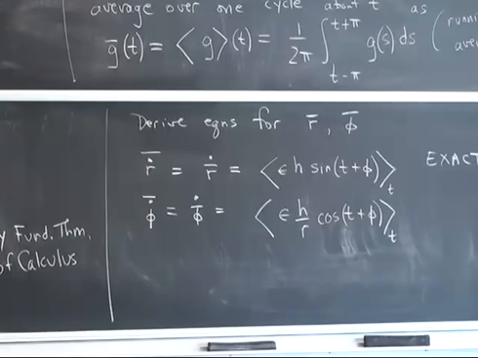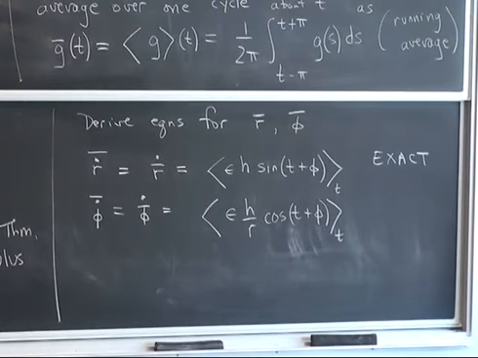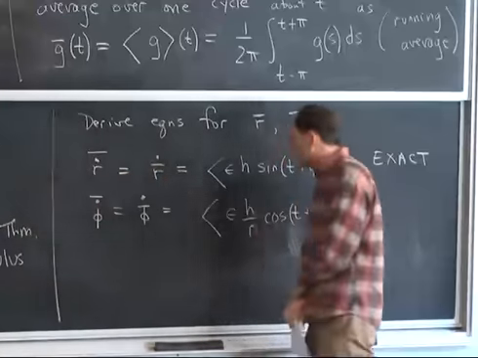And there's now a subtle difficulty that's easily overcome. But do you see why these are not quite what we want yet? I mean, you want a dynamical system where R bar and phi bar, their evolution would depend on their current values. Right? I mean, that's how we like it to be. R bar and phi bar should depend on themselves.